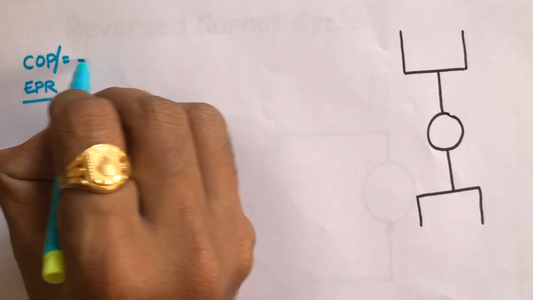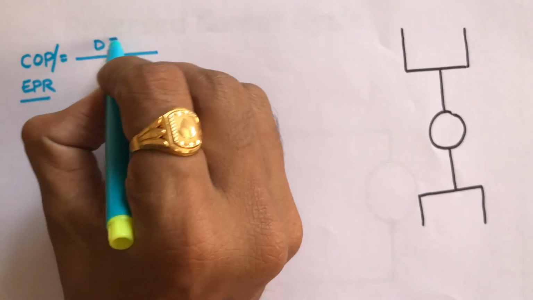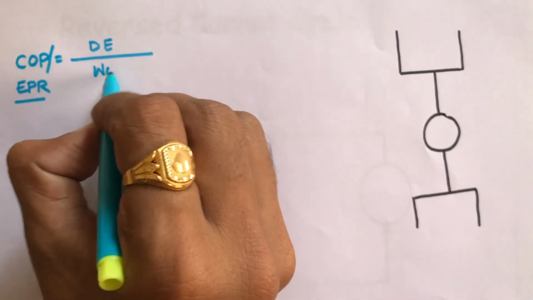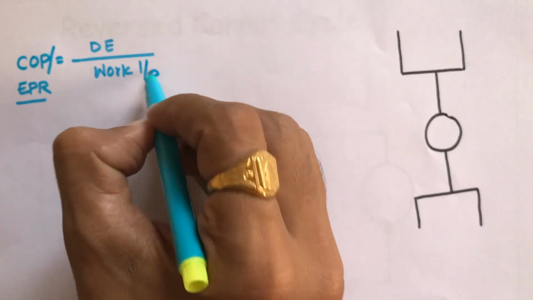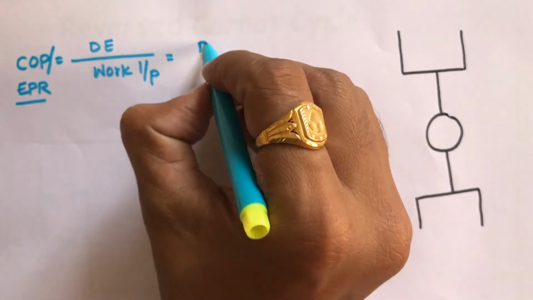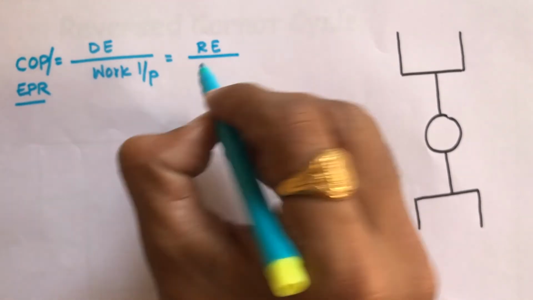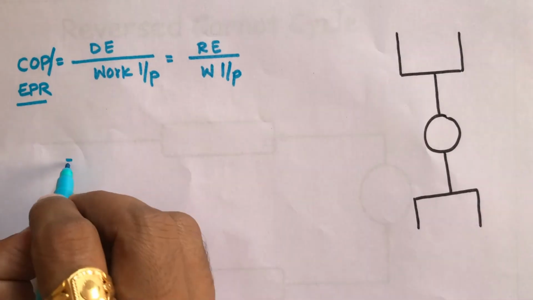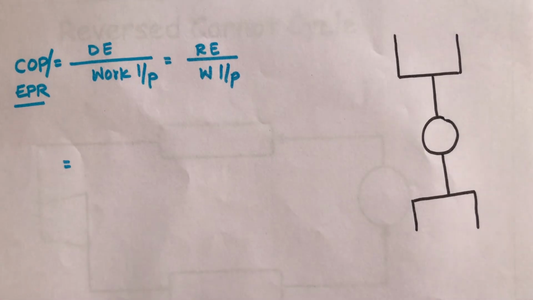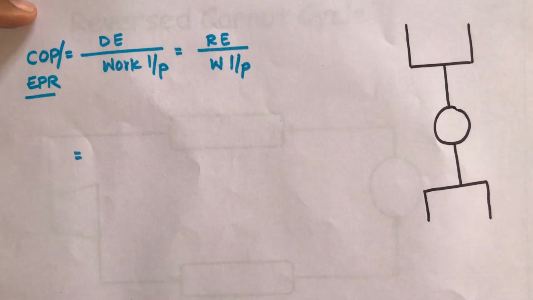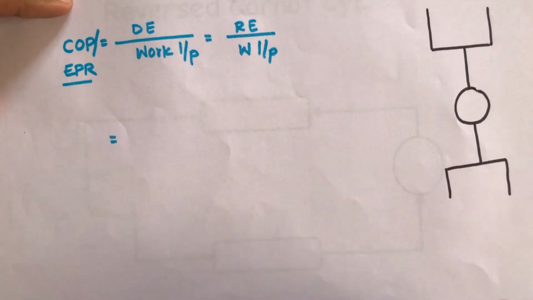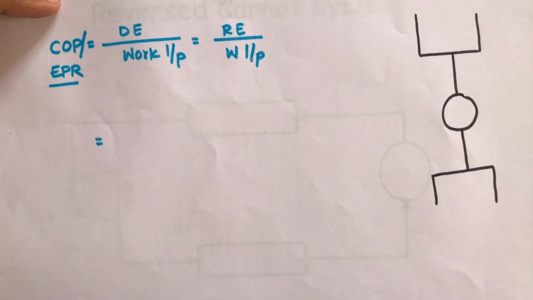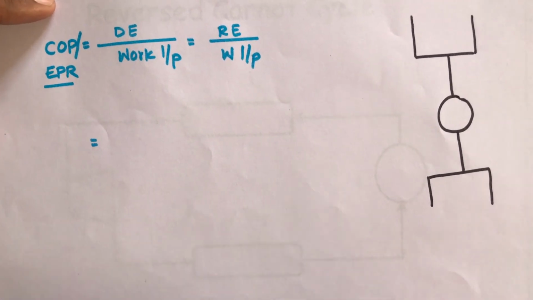It is equal to the desired effect upon work input, or I can write it as the refrigeration effect produced upon work input. Now let us define the coefficient of performance. Already while comparing heat engine, heat pump and refrigerator, we have studied the coefficient of performance, but let us revise.